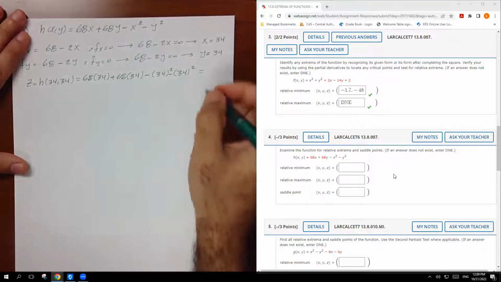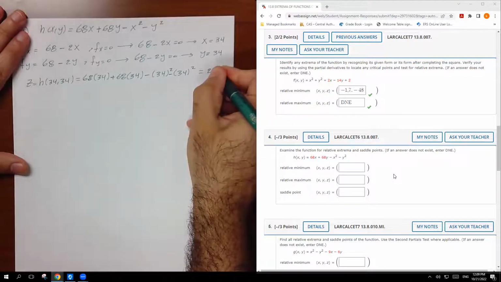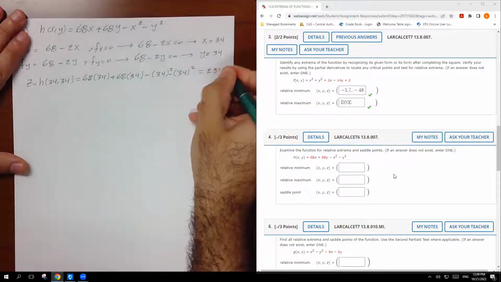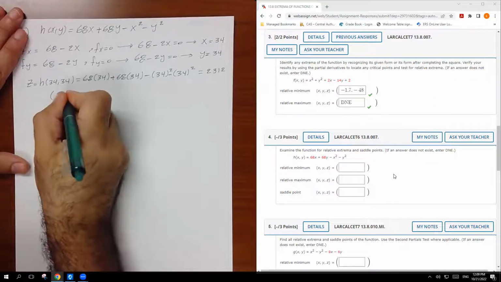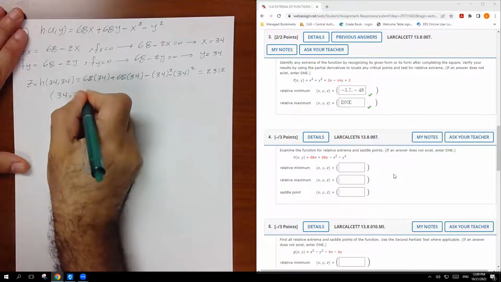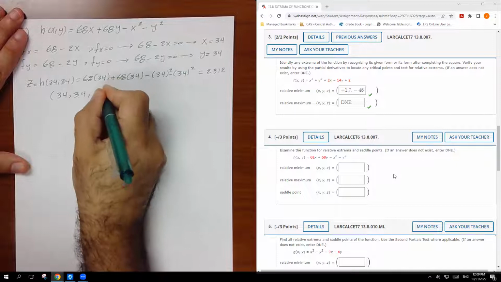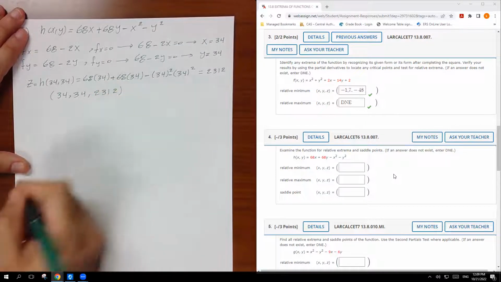That's a big number, but it's okay. So our critical point is x is 34, y is 34, and z is 2,312.